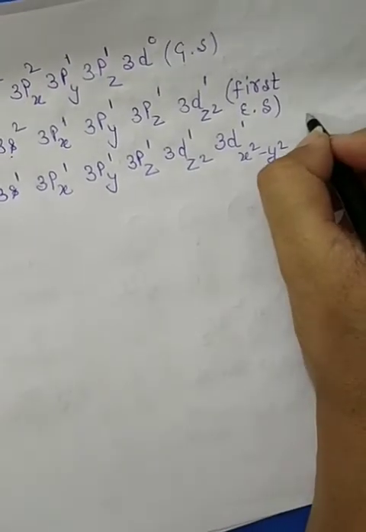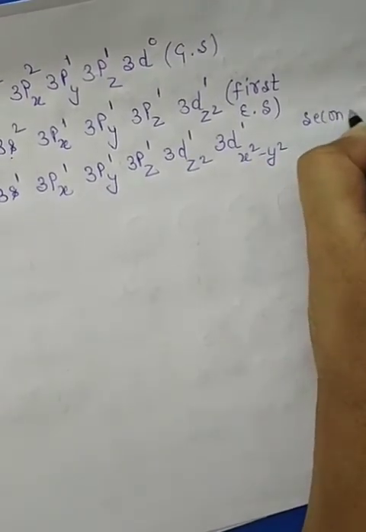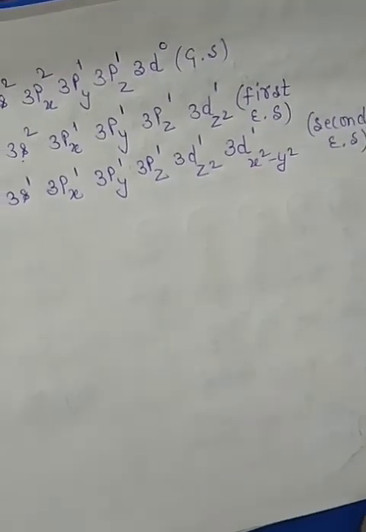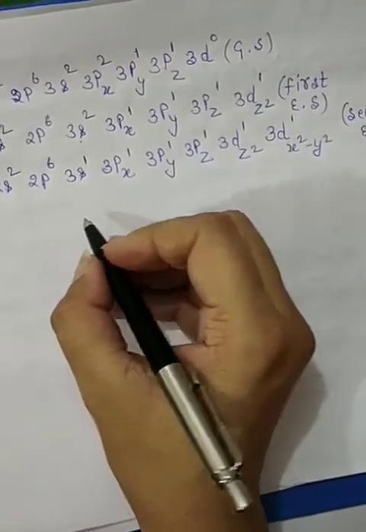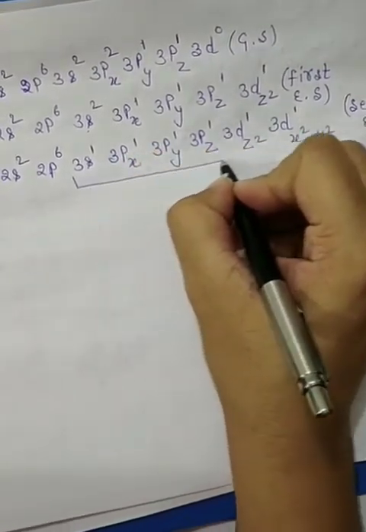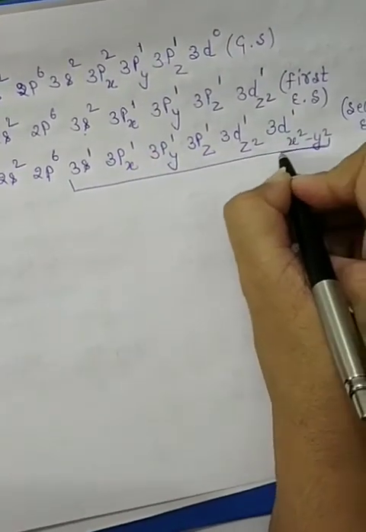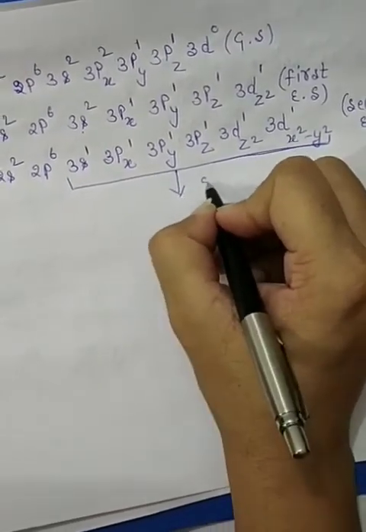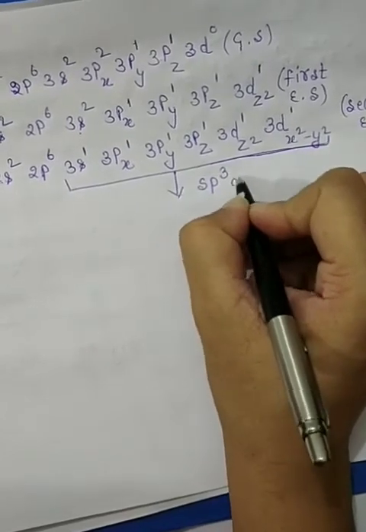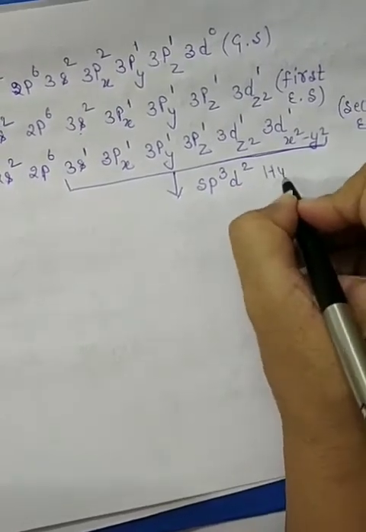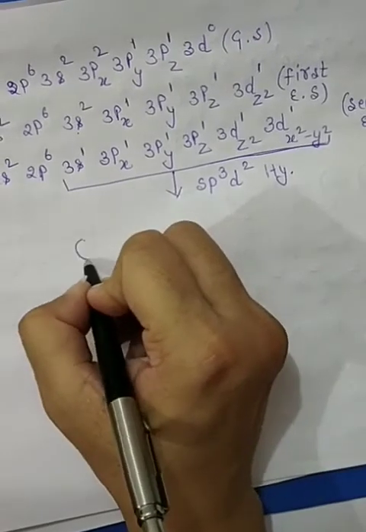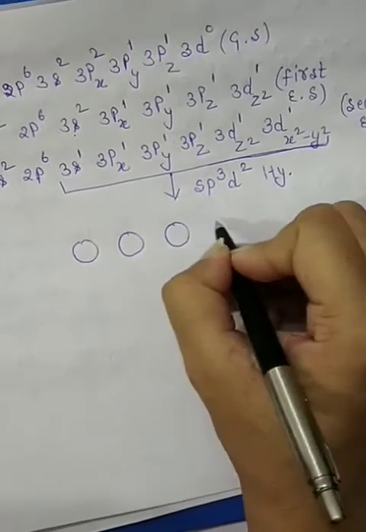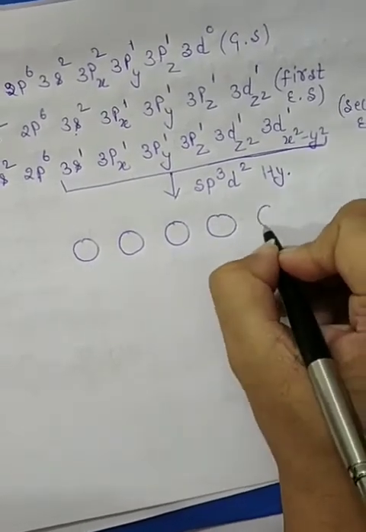It is called the second excited state of sulfur. Now we have 6 half-filled atomic orbitals which undergo sp3d2 hybridization and give 6 new equivalent orbitals.